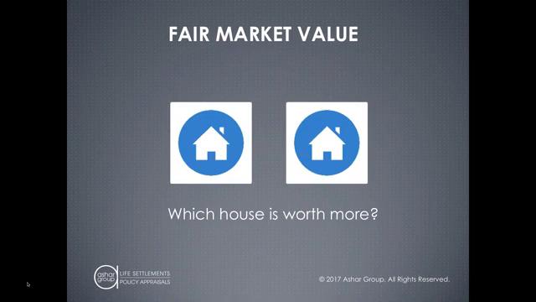As I talked about earlier, if it's a house or a piece of property, you pretty much know what you can do. You can look at comps, you can look at what's happening in your area, and you have an idea. But if someone said to you, I have two 5-bedroom, 3-bathroom houses, which one's worth more? You'd have a lot more questions than probably answers. You'd say, well, gosh, where are they located? When was it built? Have they been inspected? You'd go through a whole lot of things.